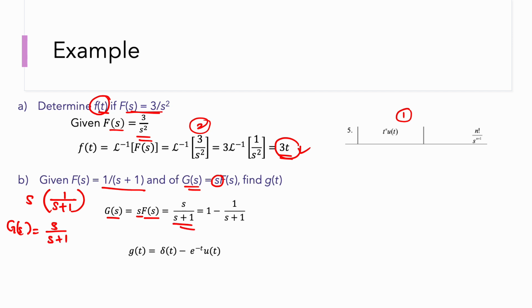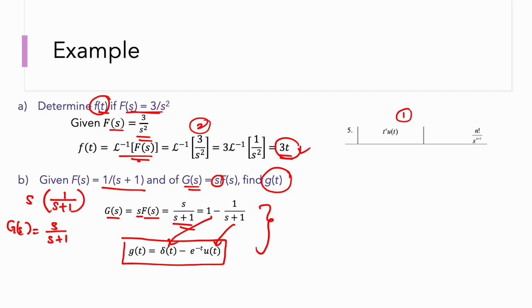Now we need to find the value of g(t). Please try to solve this by using the table or by using the equation. You should get g(t) equals delta(t) minus e to the power of negative t u(t). Try to prove this by yourself.